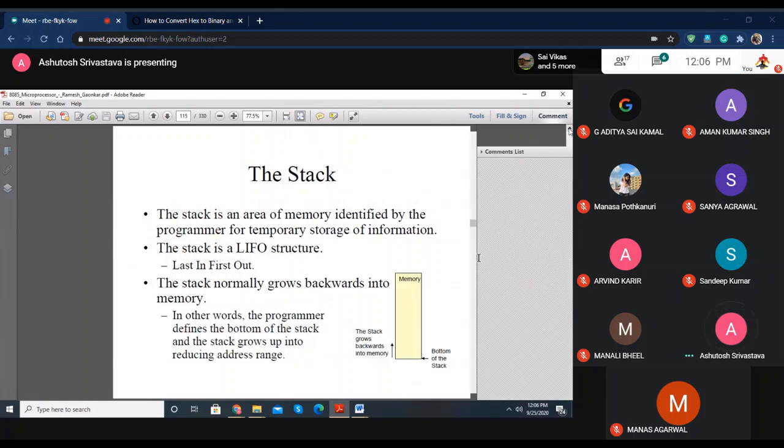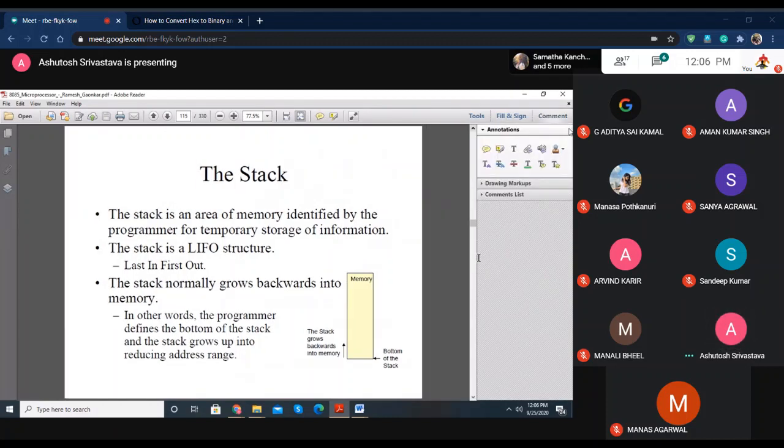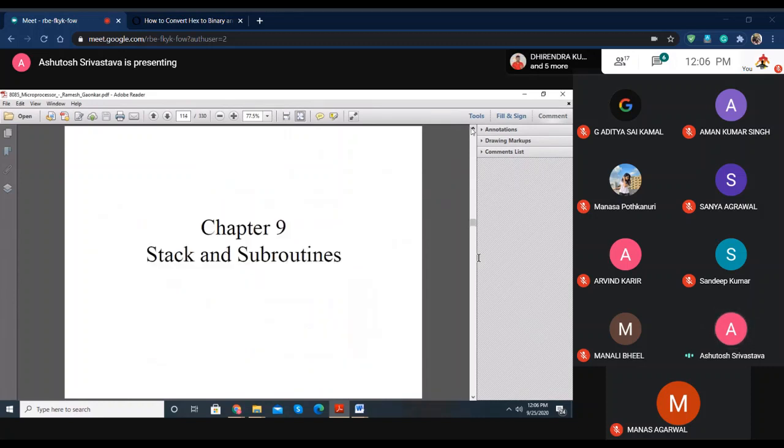Now, I think this is the next thing which we would like to study, which is stacks and subroutines. Again, this is very important.